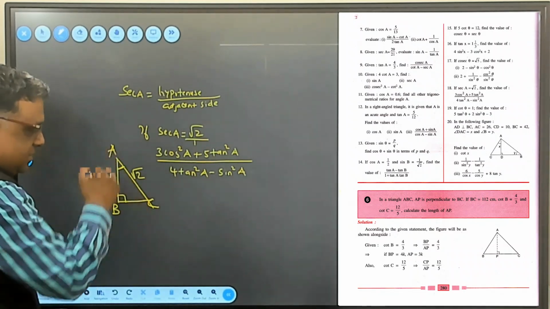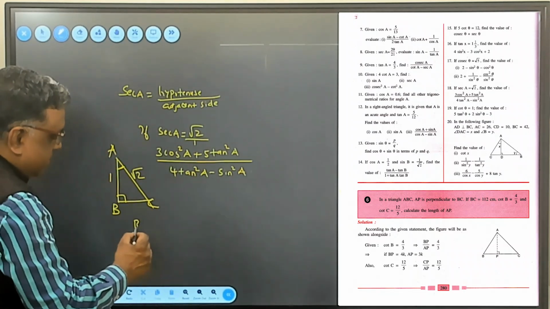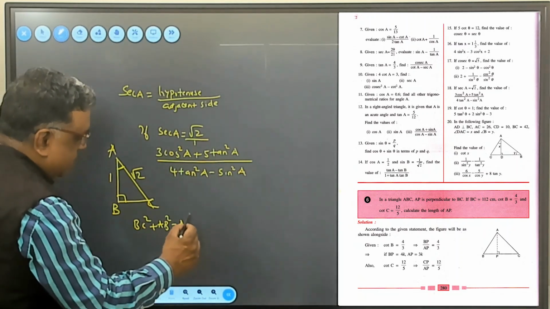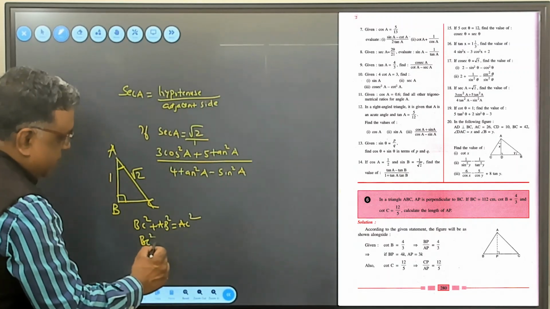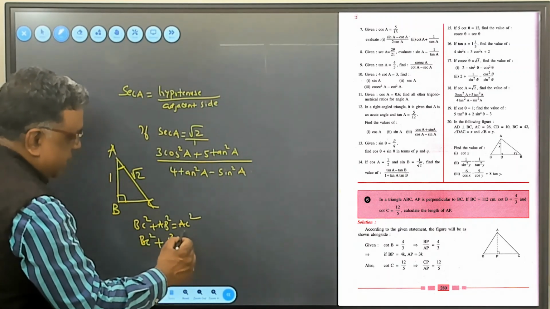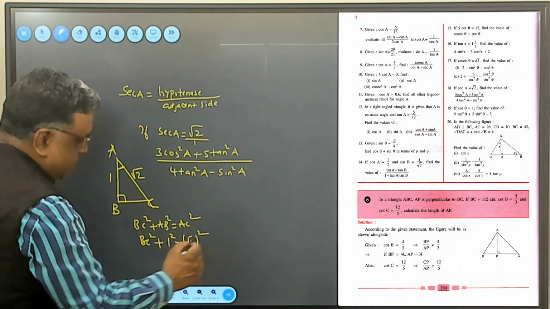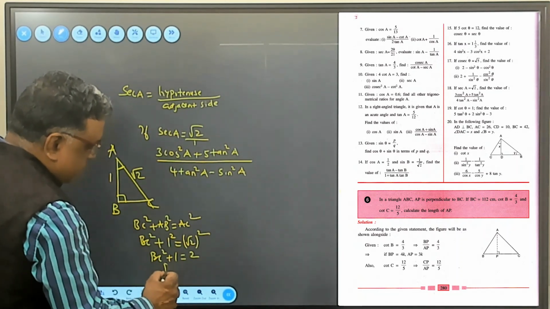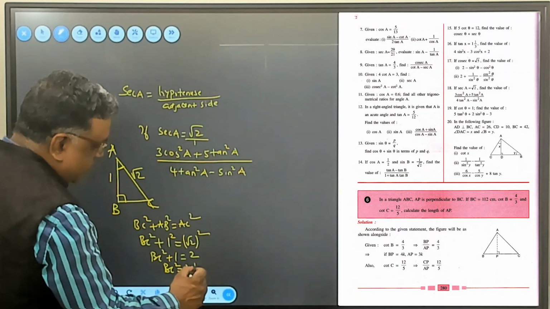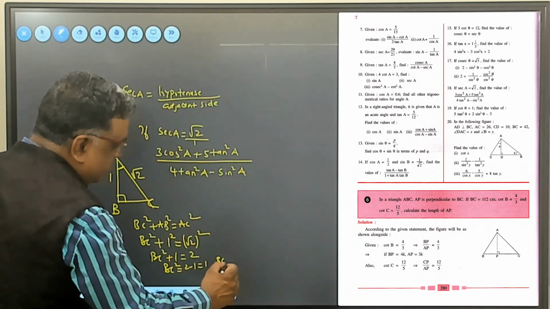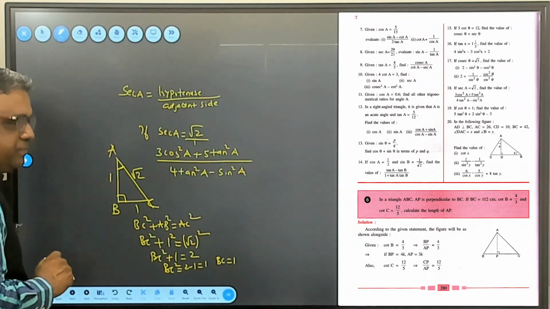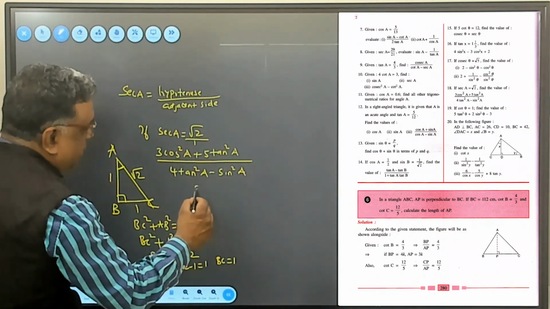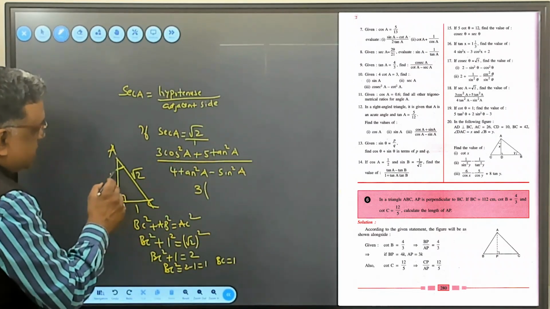Now I can find side BC by BC square plus AB square is AC square. So BC square plus 1 square is root 2 square. So BC square is 2 minus 1, which is 1, which means BC is 1. Now I'll simply find these values. 3 times cos square A. What is cos A?